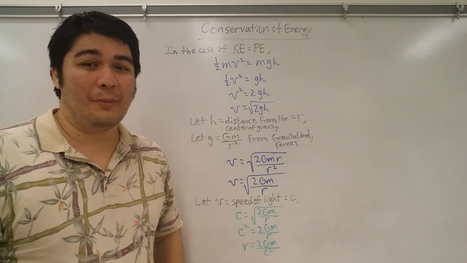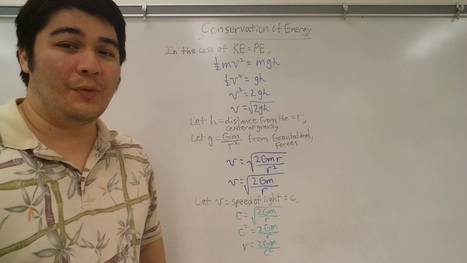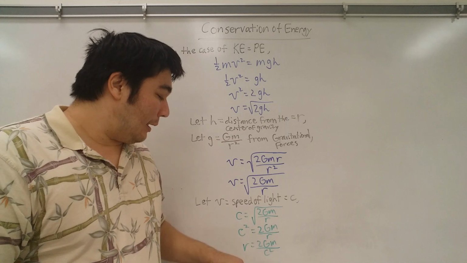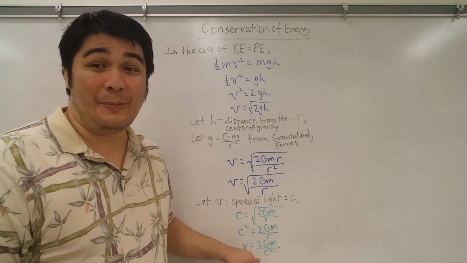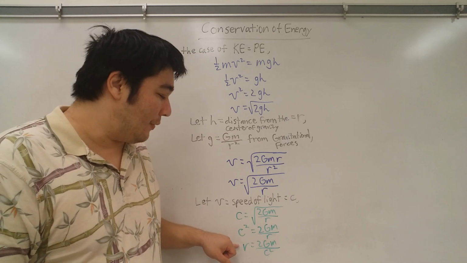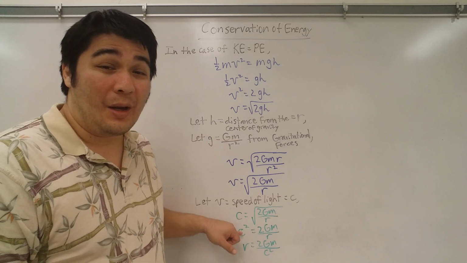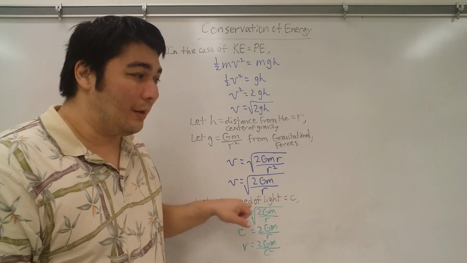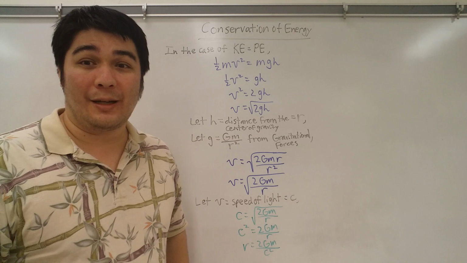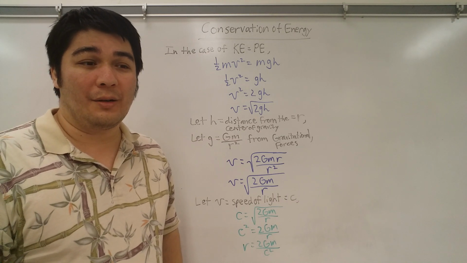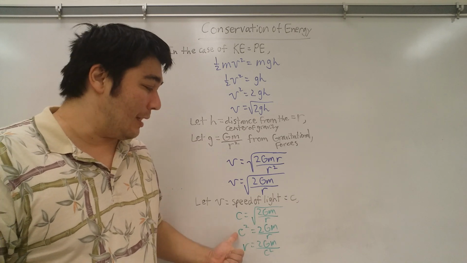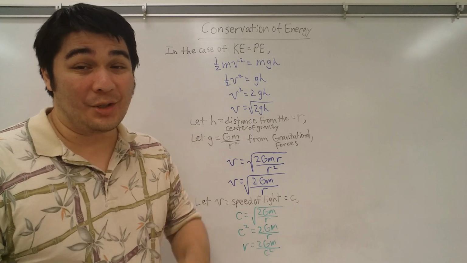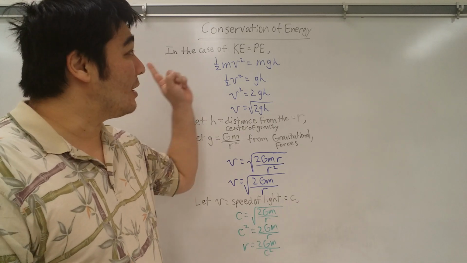I'll go over a little bit more of that in a more advanced level video, but that's just to keep you on the edge of your seat there, to think about it. This is where all of our mathematical understandings of our universe start to break down, because black holes are really that extreme. So that concludes the video on conservation of energy.